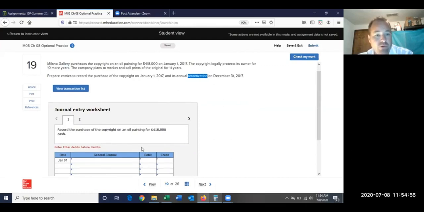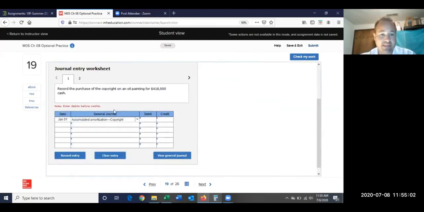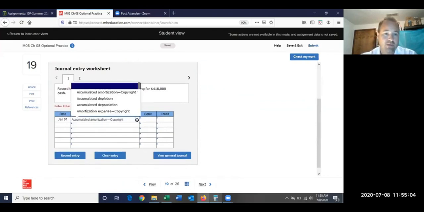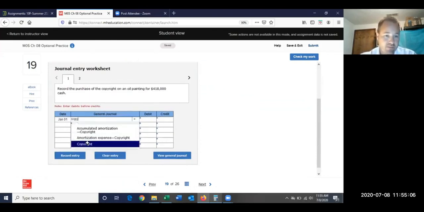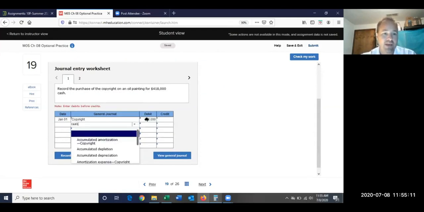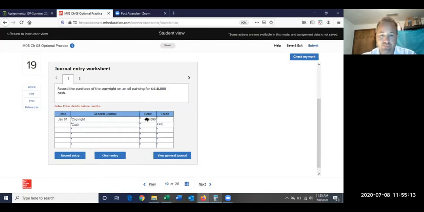So simply record the purchase of the copyright of the oil painting. You actually debit copyright. That's an actual asset. So let's find that copyright for 418. It says I bought it with cash. The journal entry was easy. Now record the year-end adjusting entry.